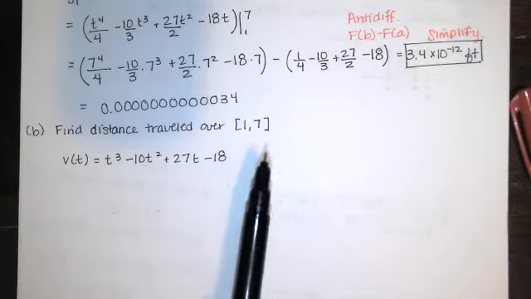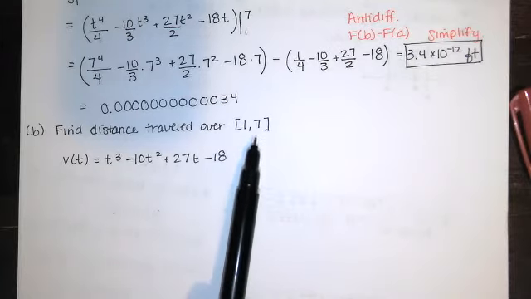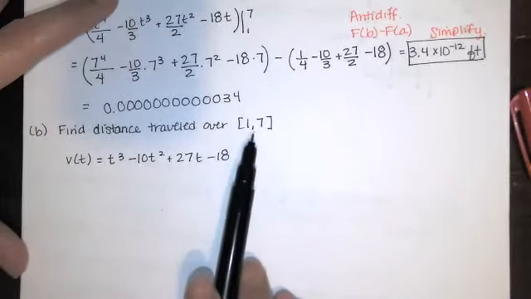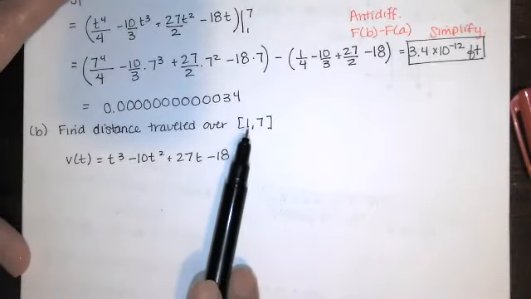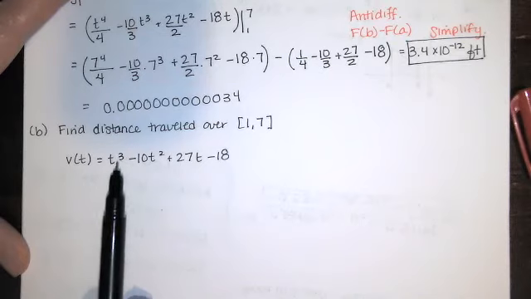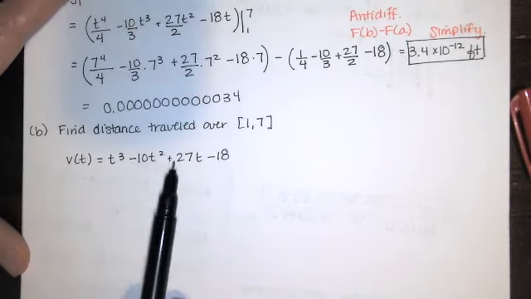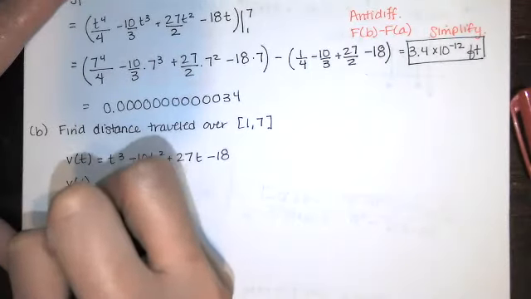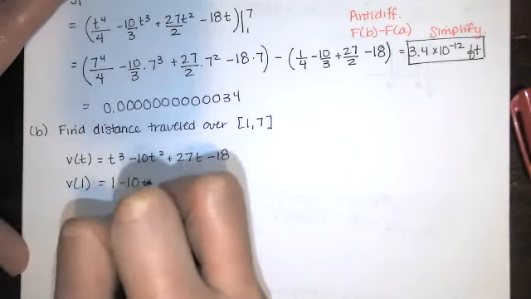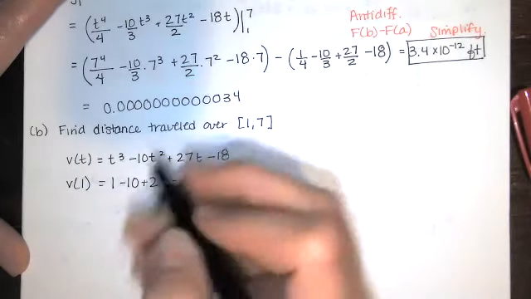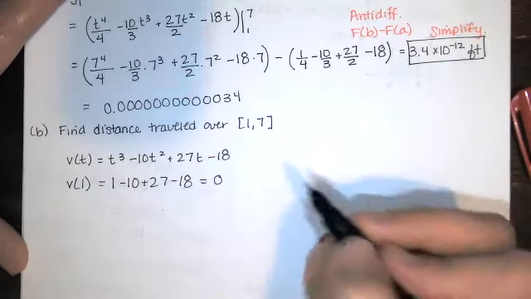And so what I'm going to use is possible rational roots. Or actually, I'm just going to plug in a value for t. If I plug in t equals 1, I get 1 minus 10 plus 27 minus 18. You notice that I get 28 minus 28, which is 0.